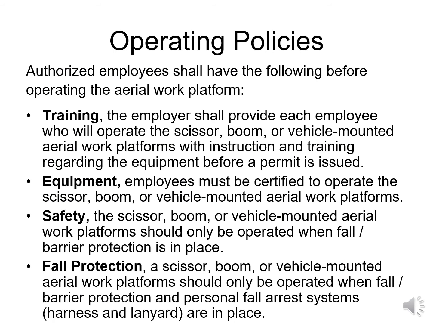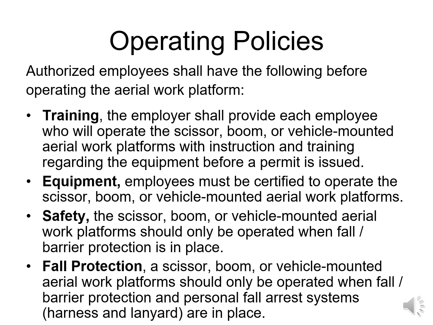Operating policies. An authorized employee shall have the following before operating in the aerial work platform. Training. The training shall provide each employee who will operate the scissor, boom, or vehicle-mounted aerial work platforms with instruction and training regarding the equipment before a permit is issued. Equipment. Employees must be certified to operate the scissor, boom, or vehicle-mounted aerial work platforms.